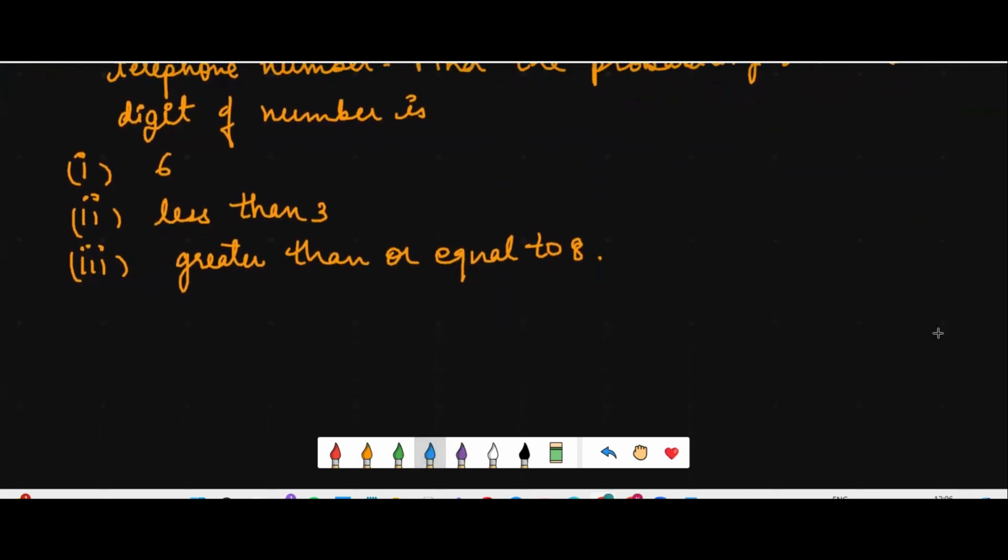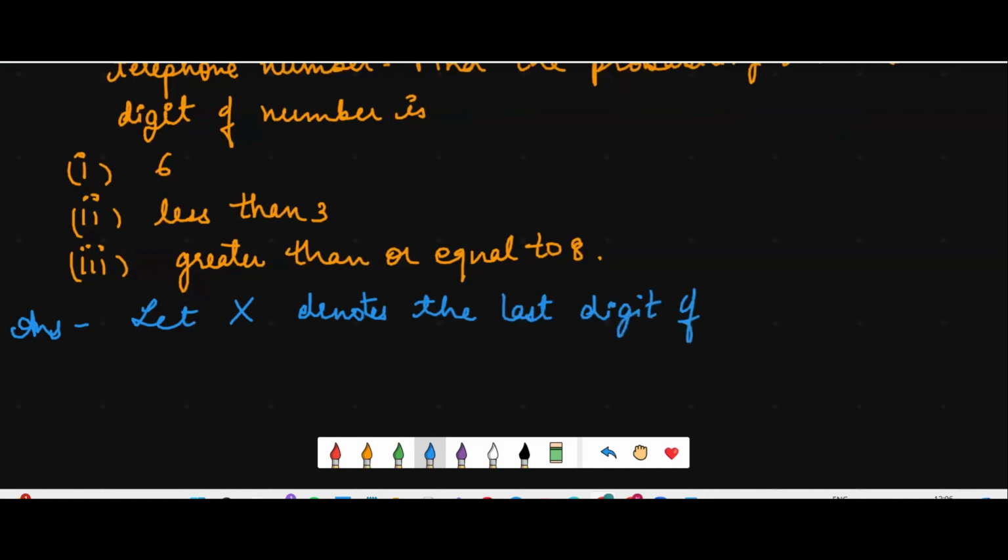So let us consider, first of all, we'll denote capital X. Whenever we have such distribution questions, you always need to write what your capital X is, whether it is a continuous random variable or a discrete random variable. So this denotes the last digit of the randomly selected number.